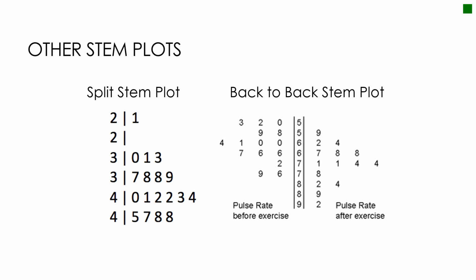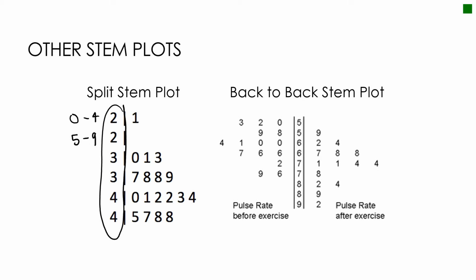You might also see a split stem plot, which is similar. The reason we might choose a split stem plot instead of a regular stem and leaf plot is if you have a lot of data. I would put the leaves of 0 to 4 on my first stem, and on the second, 5 through 9.